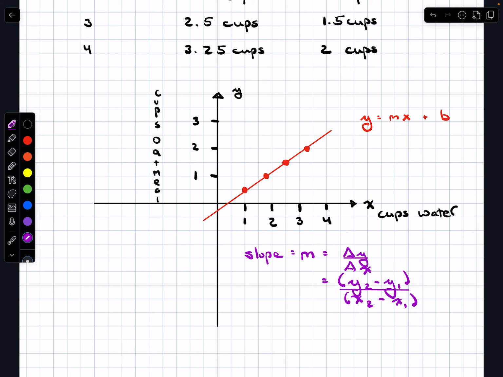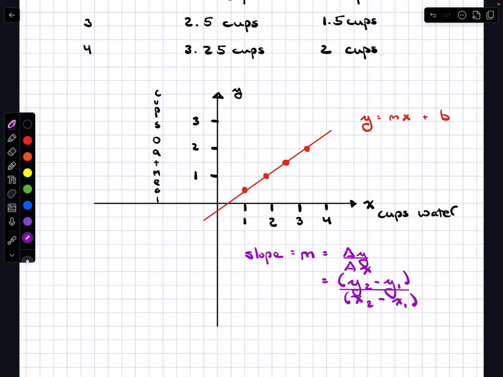So let's have a look at this line. I am not going to use any of the actual data points. When you figure out the equation of a line from data, never use the actual data points you're given. Always pick points on the line, not the data points, even if the data points are on the line.